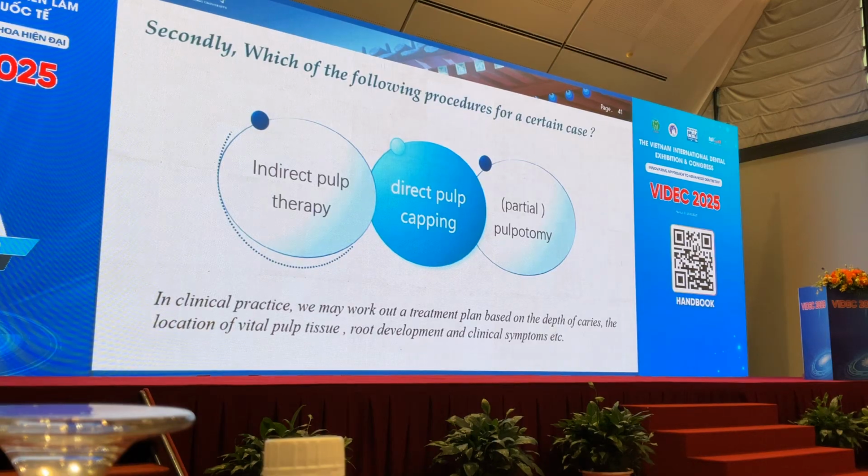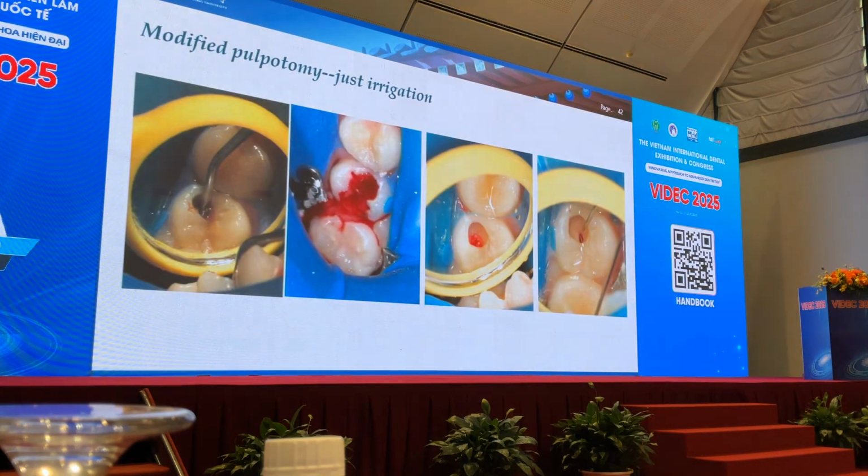Up to now, all the procedures we talked about are traditional ways for vital pulp therapy, right? In fact, the most frequently used way for vital pulp therapy is modified pulpotomy. You may ask, what's the difference between modified pulpotomy and pulpotomy?